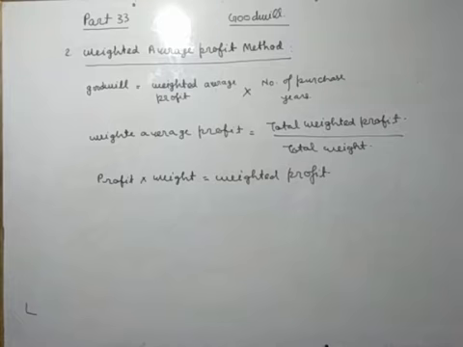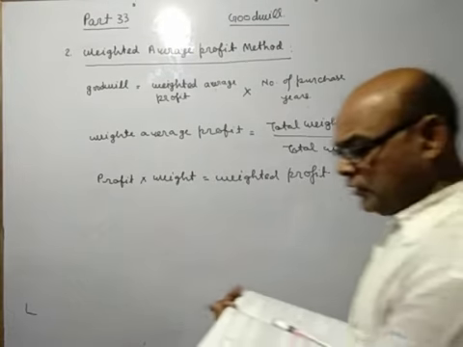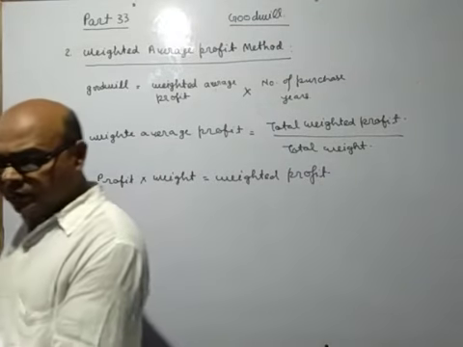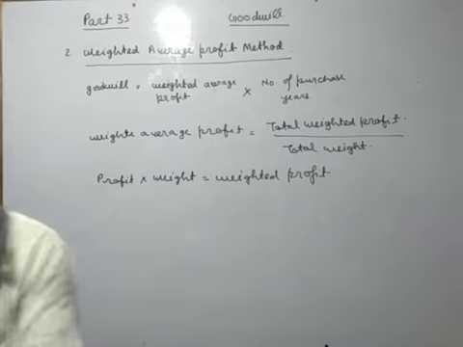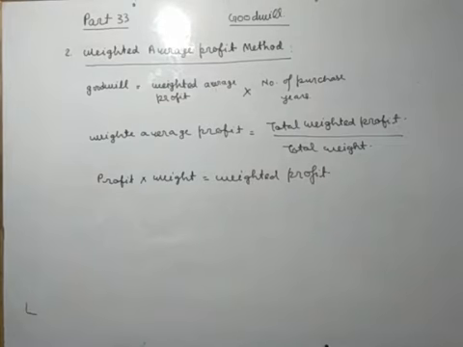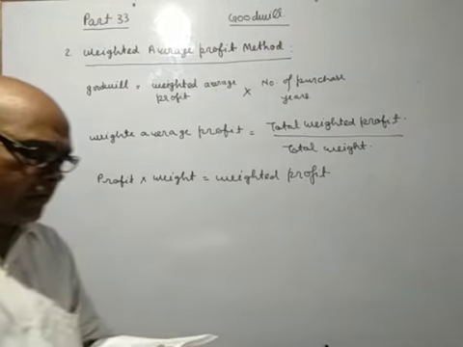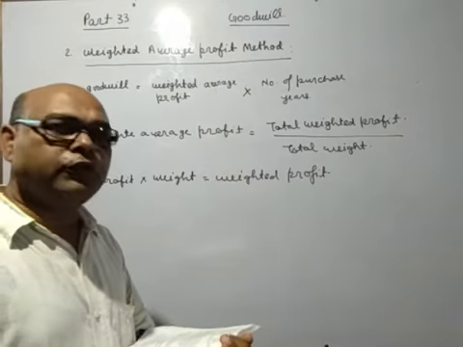We will see this by an example. So all of you open your books. See question number 5 to understand this method properly. In question number 5, it says the profit earned by a firm during the last 4 years were as follows.